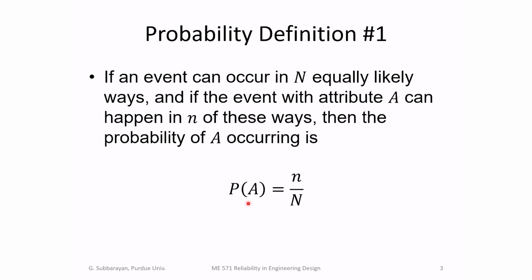I can get either a head or a tail. So capital N is 2. Let's say event A is the event that the coin toss results in a tail. There's only one way you can have a tail. So the probability of getting a tail is 1 over 2. That's one definition of probability.